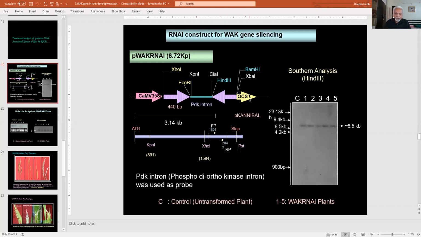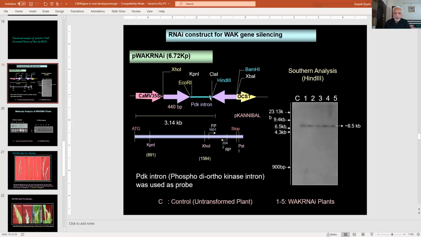And in this case, we identified 400 base pairs which were unique to the gene, which was cloned in sense and in antisense orientation, having an intervening sequence. It is the PDK intron. PDK is pyruvate orthophosphate dikinase intron from maize, actually.